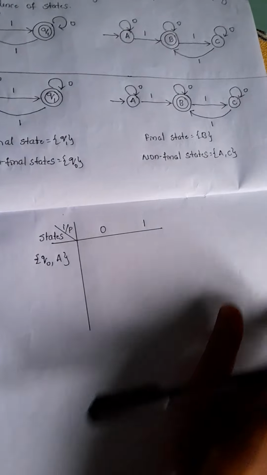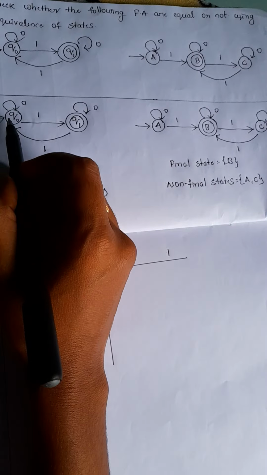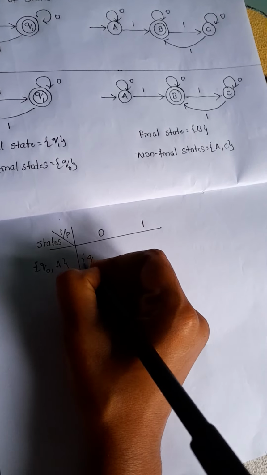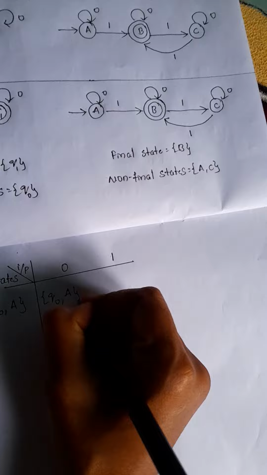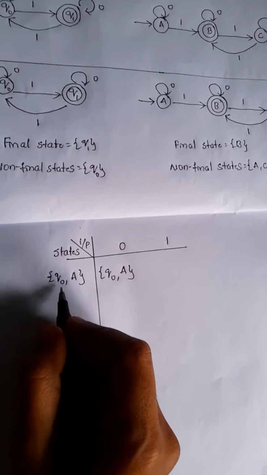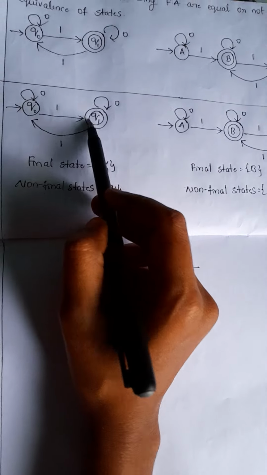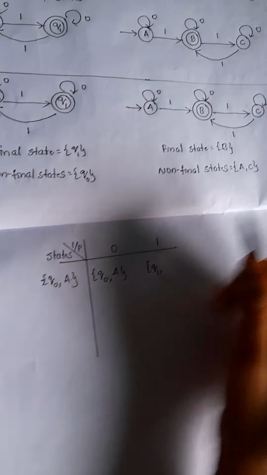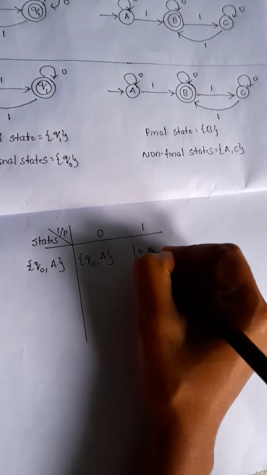Q naught on 0 goes to Q naught, and A on 0 goes to A. Q naught on 1 goes to Q1, and A on 1 goes to B.